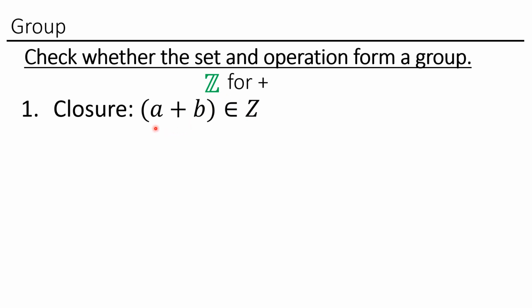So in other words, we can take any 2 integers, so 1 and 5, and if you add them, you're going to be back in the integers. So just thinking real quickly, 1 plus 5 is 6, and 6 is an integer. Any 2 integers that you add together, you're always going to be back in the integers. So this works. So closure is no problem. We're good to go on that one.